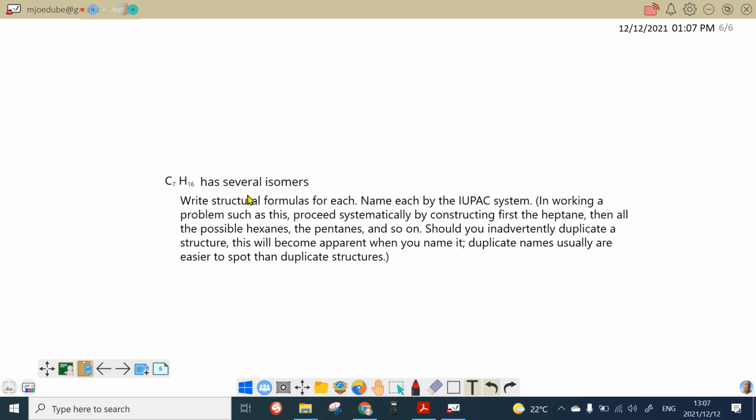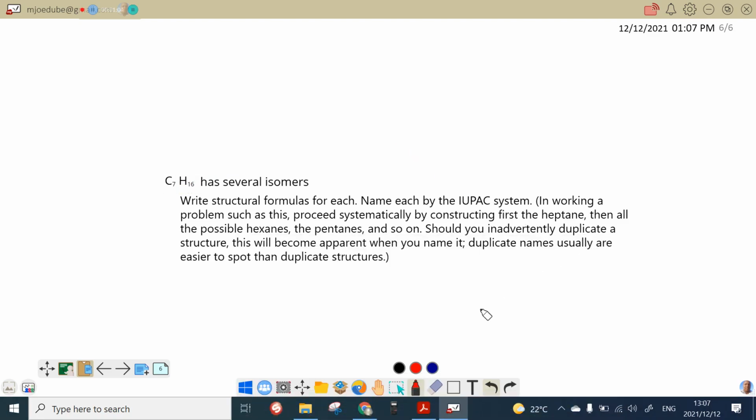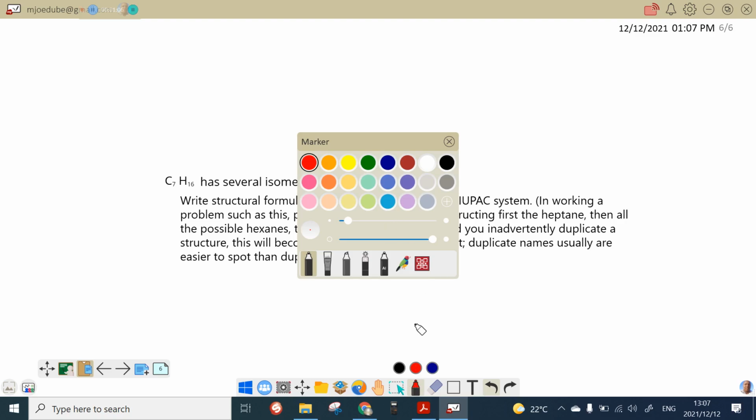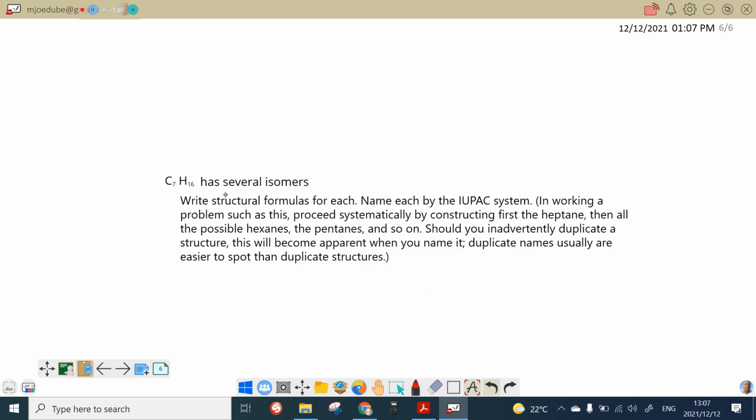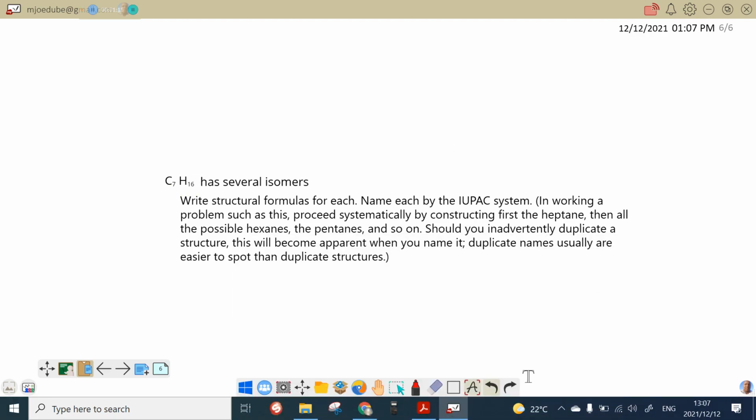So the first thing that you need to do is, okay, the first one is your most obvious one, which has got a total of 7 carbons.